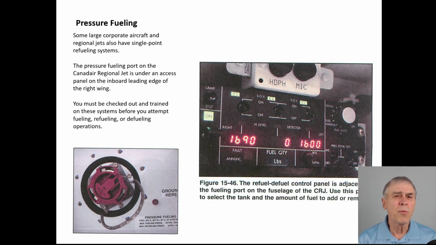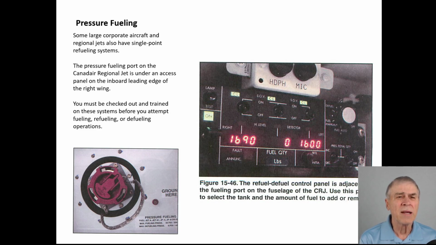Some large corporate aircraft and regional jets also have a single point refueling system, so it doesn't have to be the transport category. The pressure fueling port on the Canadian jet has an access panel on the inboard leading edge of the right wing, which is about where it is on the 727.